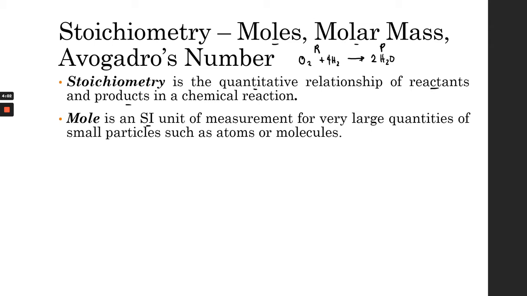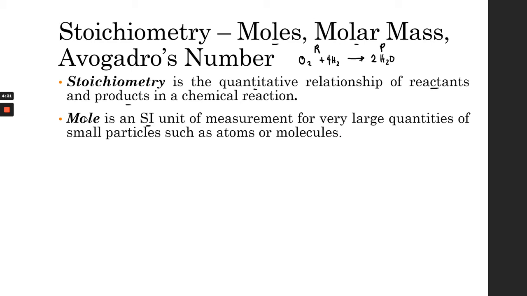What we do is we take a large number of oxygen and then we can actually weigh it, or take a large number of hydrogen or any of the elements basically, and then we know the mass of our various number of atoms. Because we want to measure them, we take a very large quantity and we create an SI unit of measurement called moles.